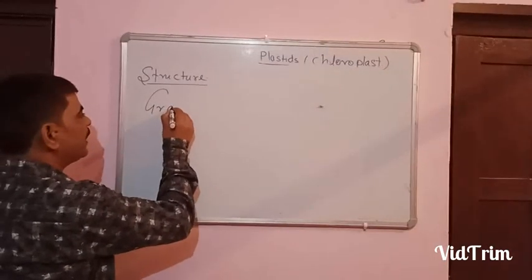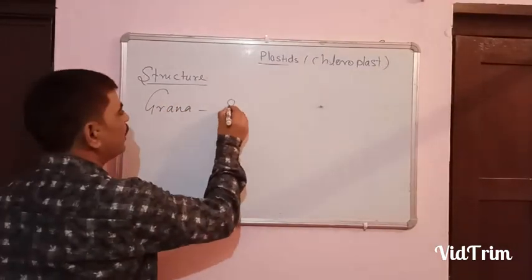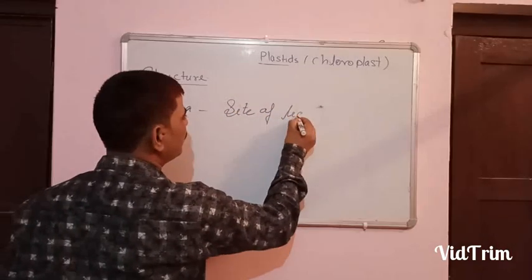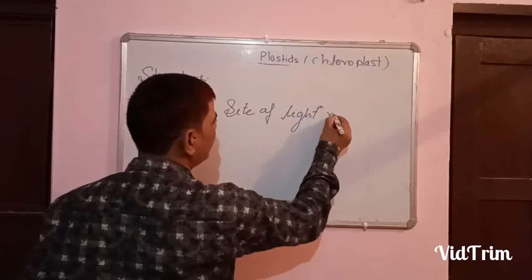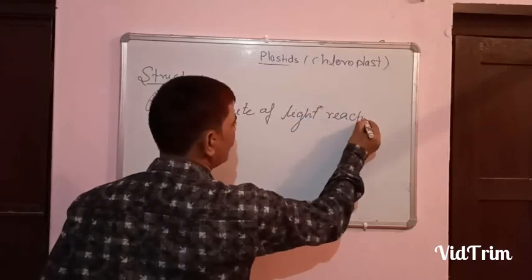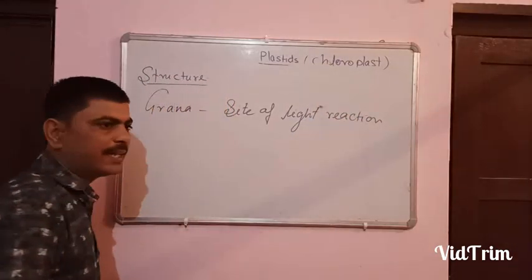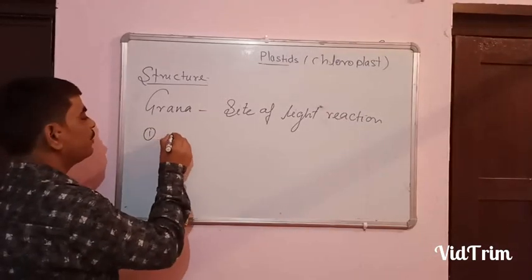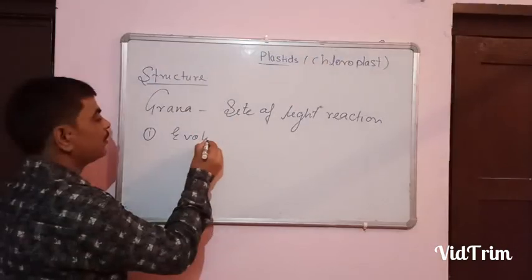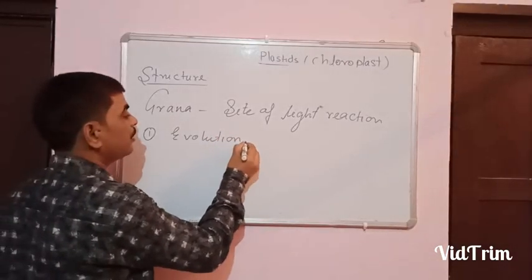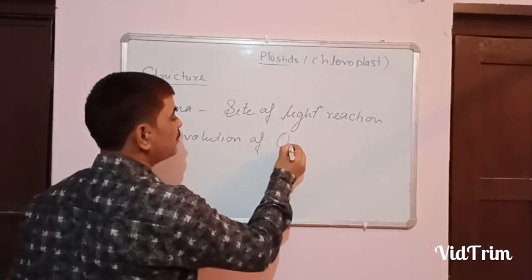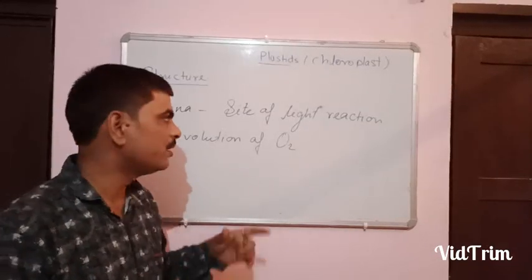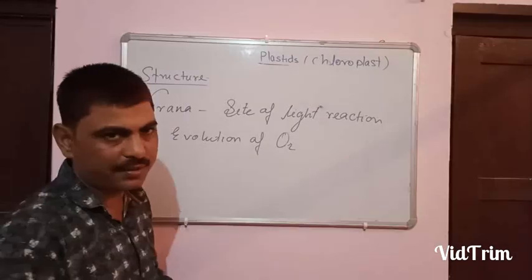Dear students, grana is the site of light reaction. What happens in light reaction? Evolution of oxygen molecule. You know, photosynthesis releases oxygen, so that happens in the grana part.